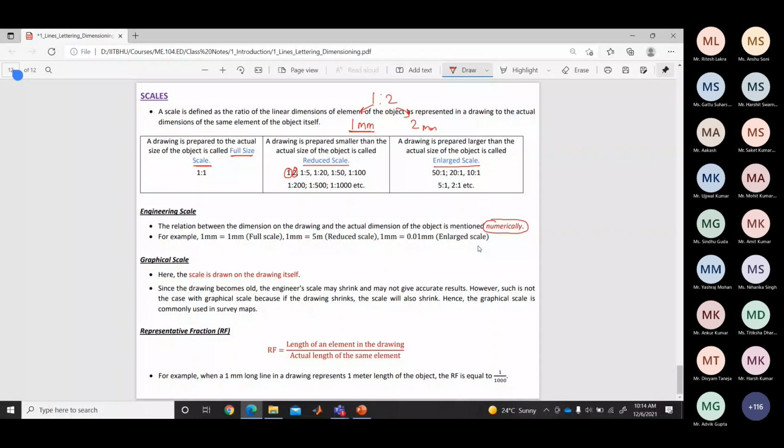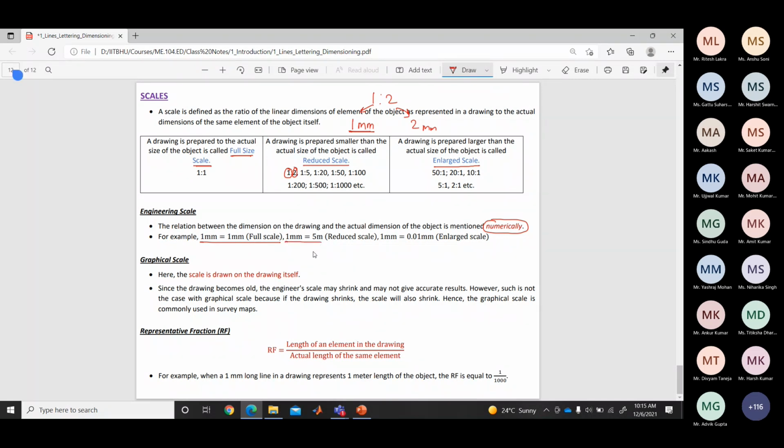We are mentioning the scale, or the relation between the actual dimension and the drawing dimension, numerically on the sheet. Like for example, 1 mm is to 1 mm, that is the full scale. Let's say 1 mm is equal to 5 meter, reduced scale.